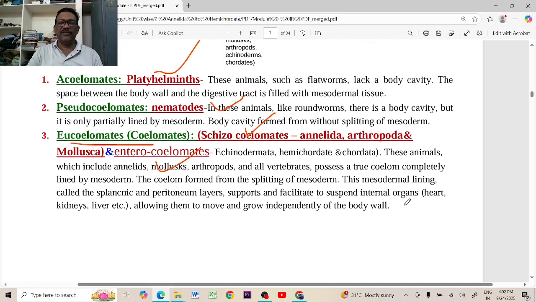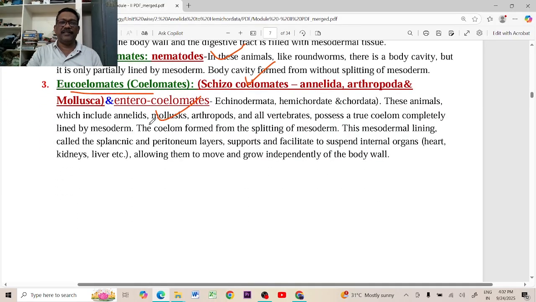So the enterocoelom, I am repeating once again: this is ectoderm after gastrulation, this is endoderm. Some of the cells from this endoderm are differentiated and developed as mesoderm.